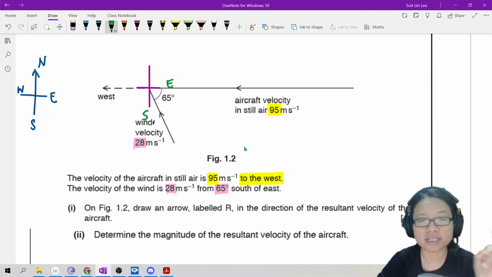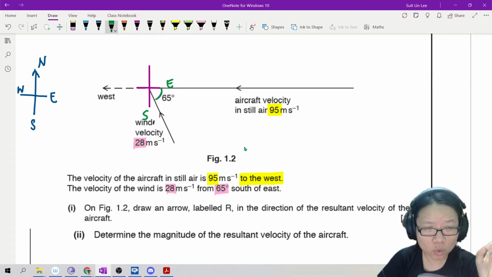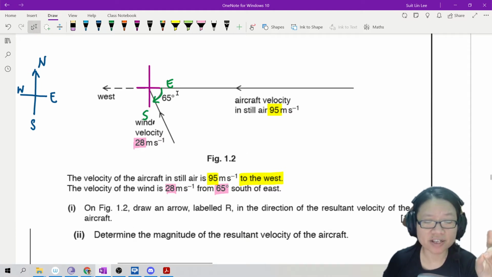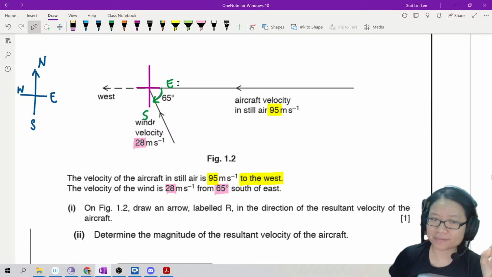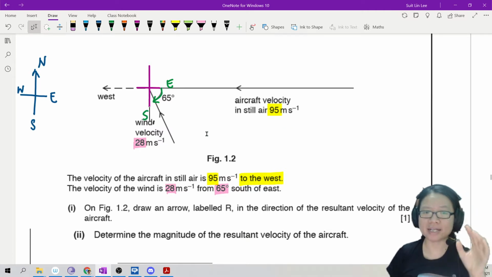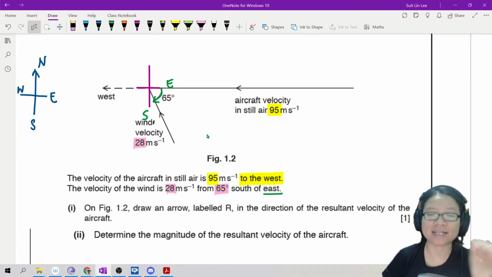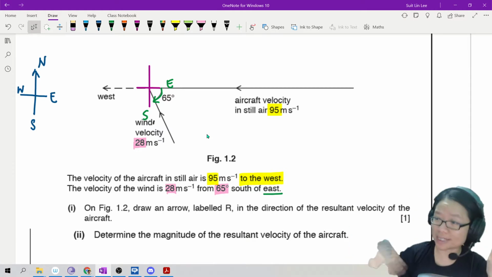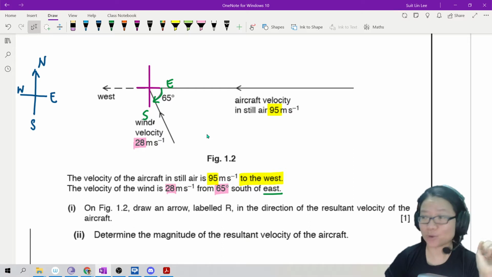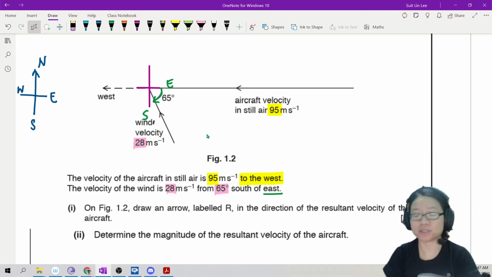So it's 65 degrees from east to rotate to the south. So 65 degrees south of east. So you start at east, start here, and then you rotate 65 degrees towards the south direction. Okay, but most of the time, good news is we will draw for you.